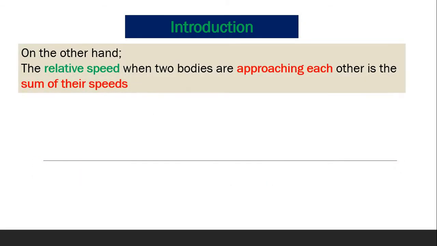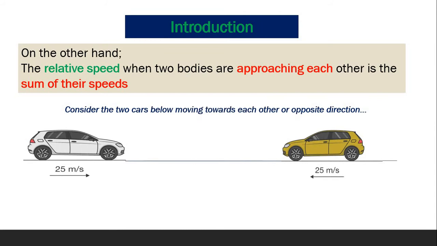On the other hand, the relative speed when two bodies are approaching each other is the sum of the speeds. Again, let us consider two vehicles approaching each other. One of the vehicles on the left side is moving at 25 meters per second. The other one is moving at 25 meters per second.